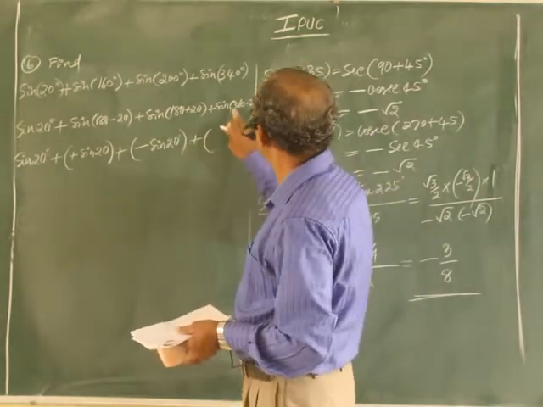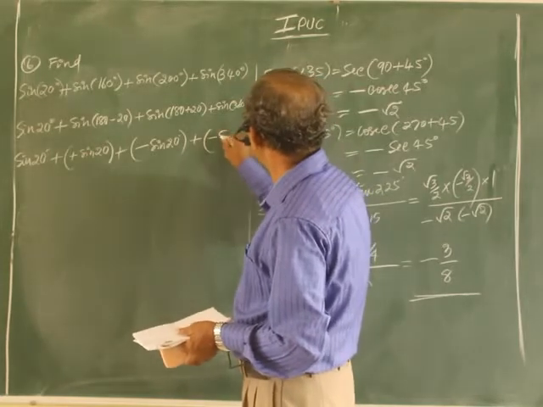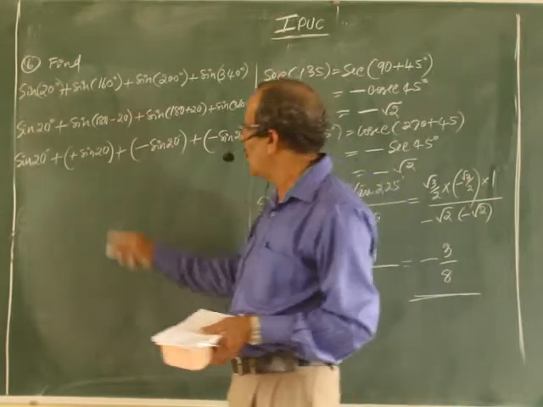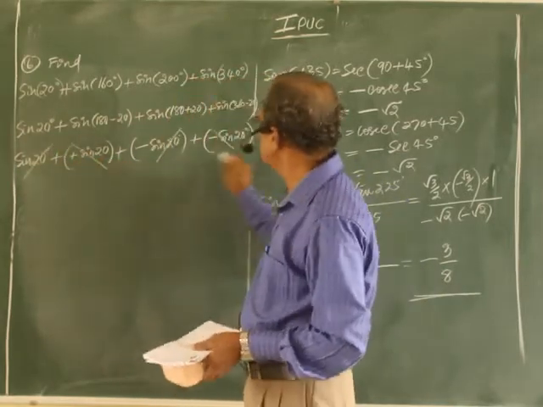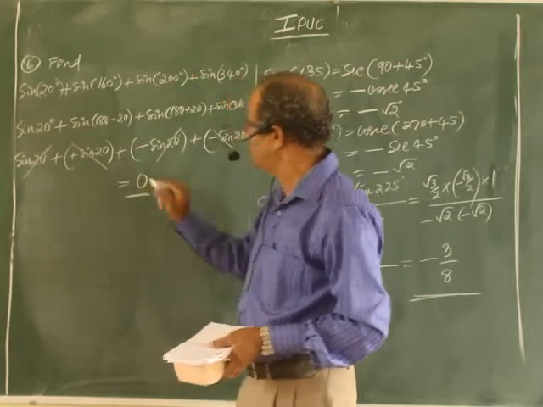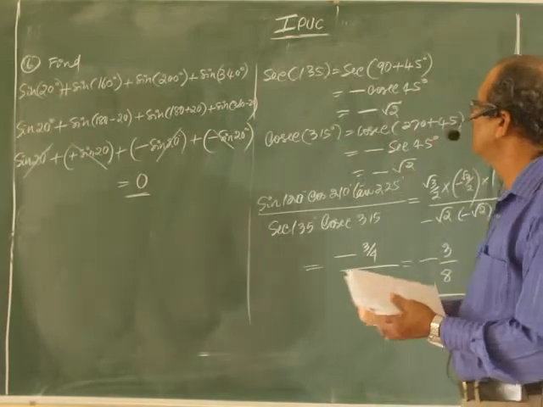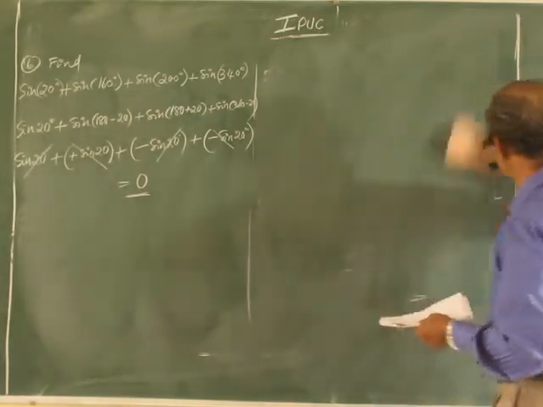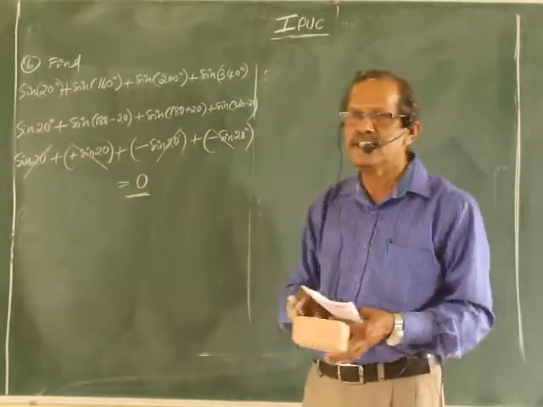Last quadrant, sin is once again minus, sin remains the same. Sin 20 minus sin 20 plus sin 20 minus sin 20, answer is 0. Note the problem correctly. Even though the angle is not a standard angle, you can use allied angles to simplify this expression.